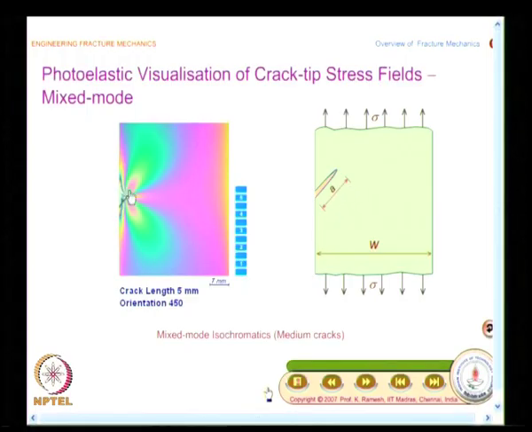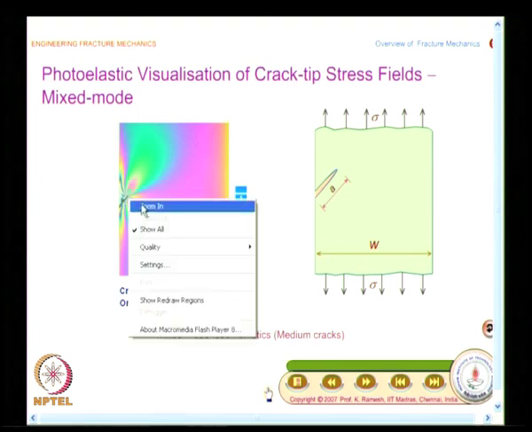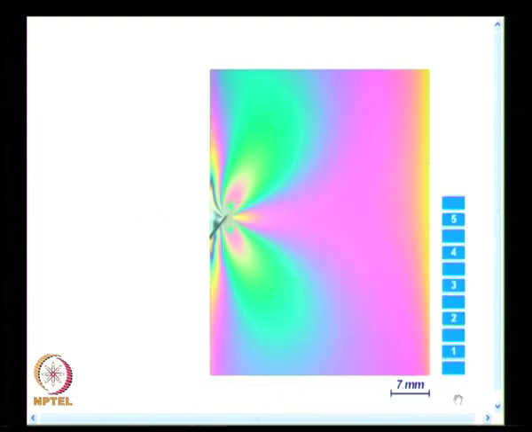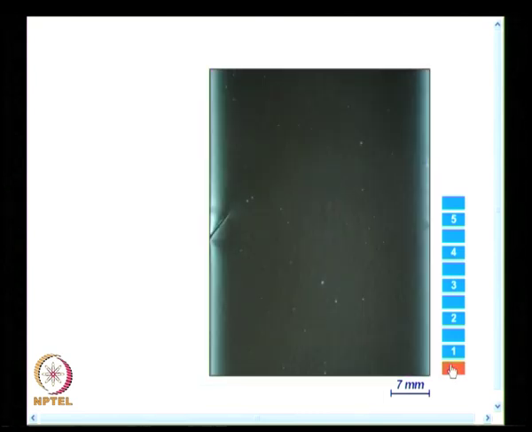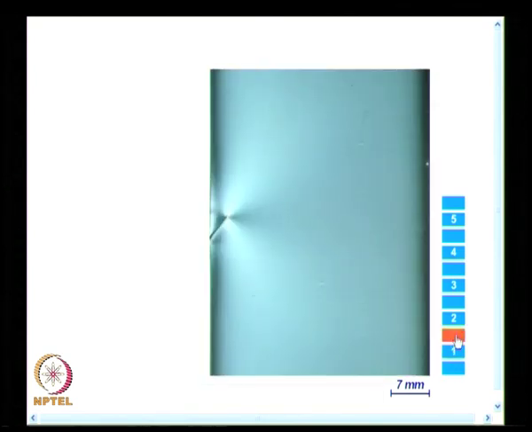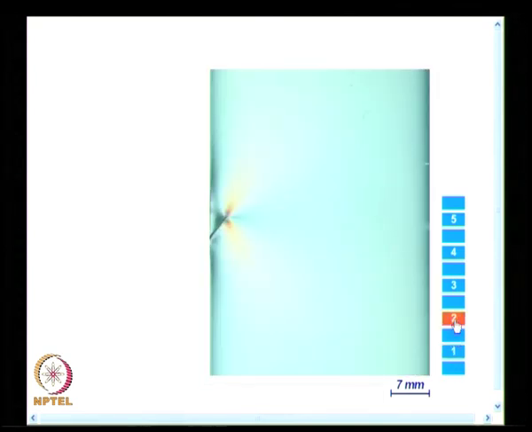If there is an analytical solution, the analytical solution may be valid until a particular value of A by W. So, A by W is another important parameter, and I will also enlarge this fringe pattern, and I would also apply the load one after another, and you would see how the fringes develop.